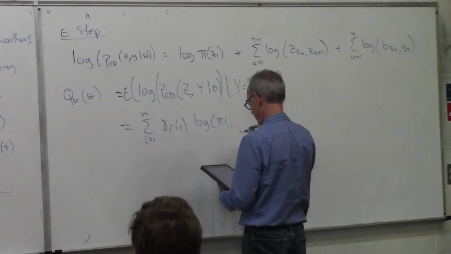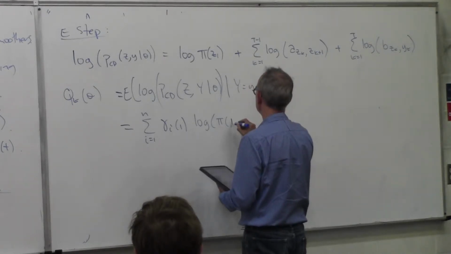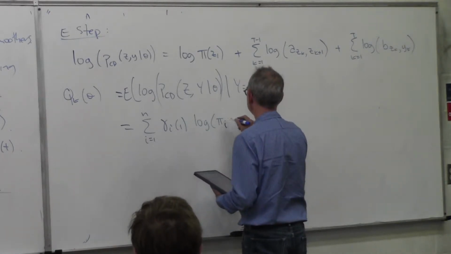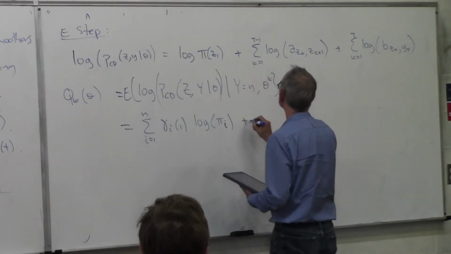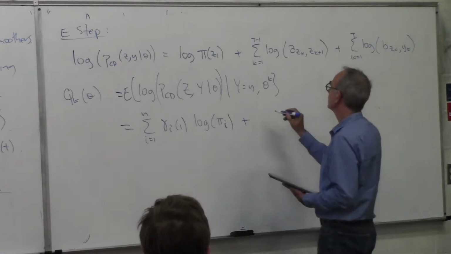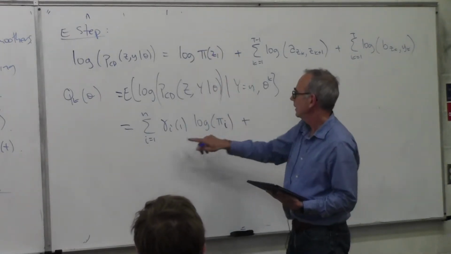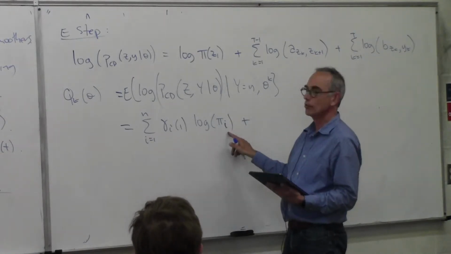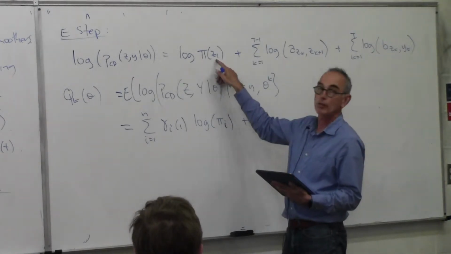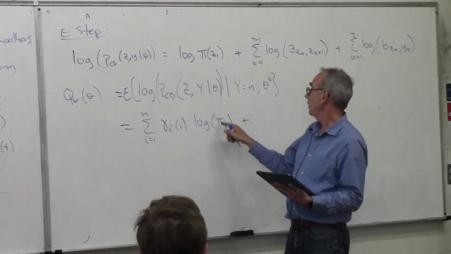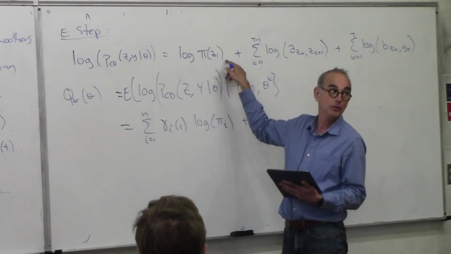Let's do it like that. Okay. All right, so first of all, I've got the mean of this, the probability of any possible i. z1 can take on values 1, 2, 3, 4 up to n. So pi sub i is just pi of i.